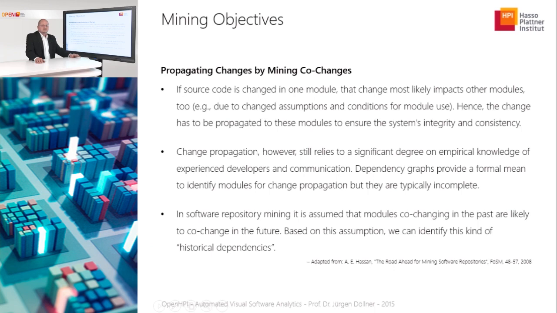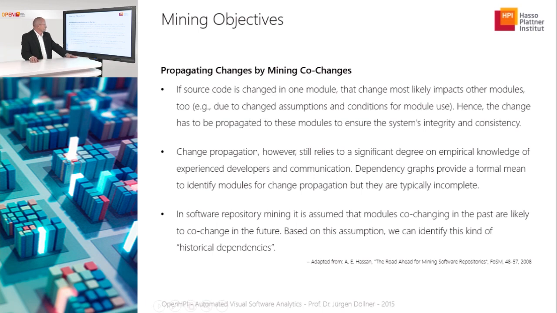In the same sense, mining software repositories can also be used to understand the propagation of changes by mining co-changes. That means if source code is changed in one module, that change most likely impacts other modules too, for example, due to changed assumptions and conditions for module use.